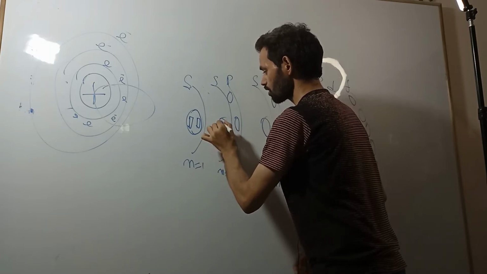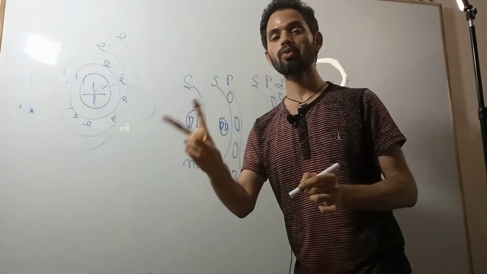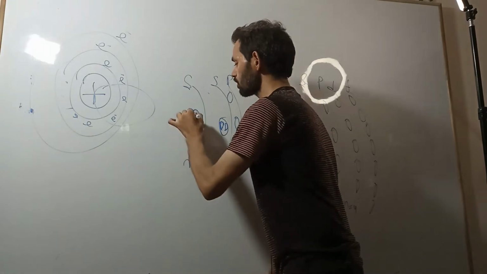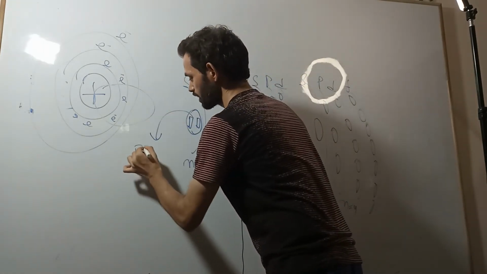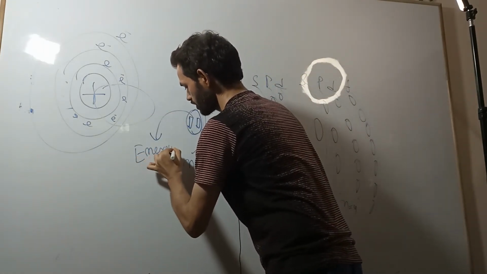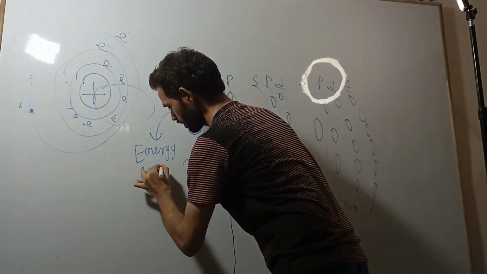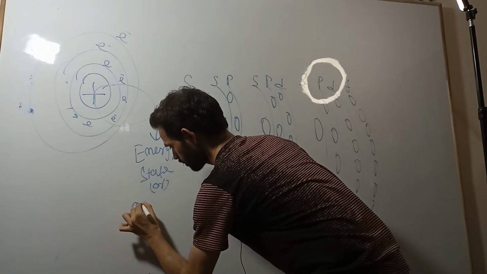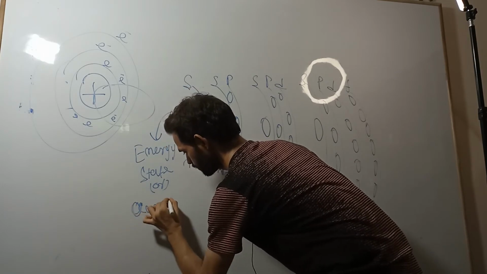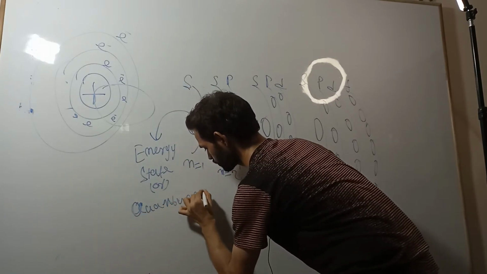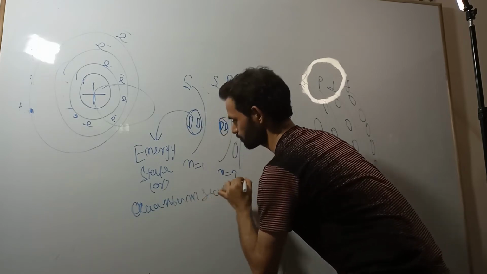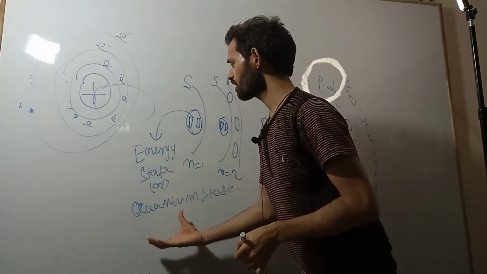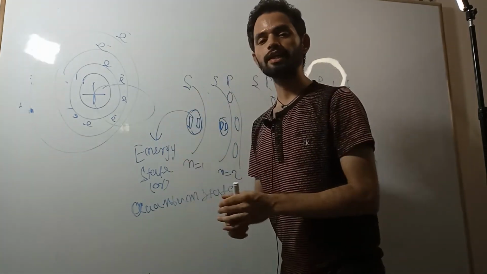Every orbital has 2 energy states, also called quantum states. These are the energy states or quantum states where exactly the electron is sitting.